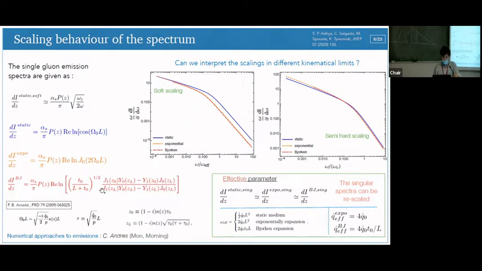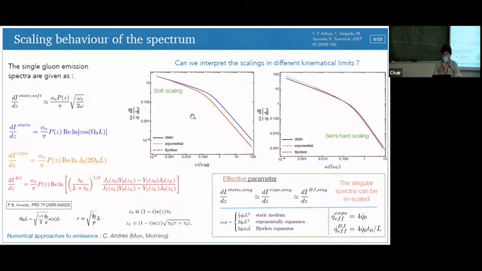Now the thing is that if we can scale different kinds of medium with each other, then it will be a very good approach for us, because it will help us bypass all the complicated calculations and just say that each and every medium is equal to the others based on some scaling factors. So the first thing to check is whether we can interpret the scalings in the different kinematical limits.